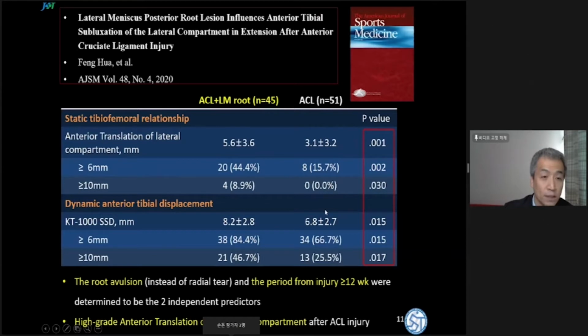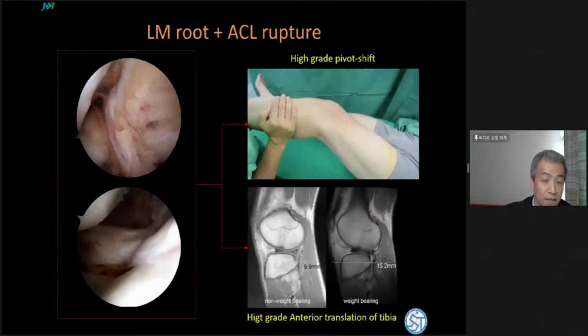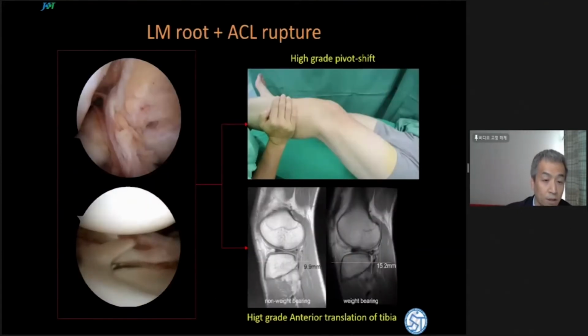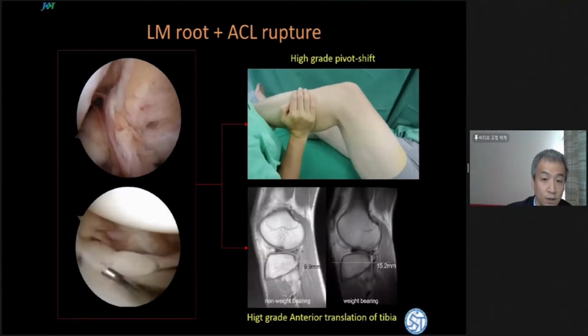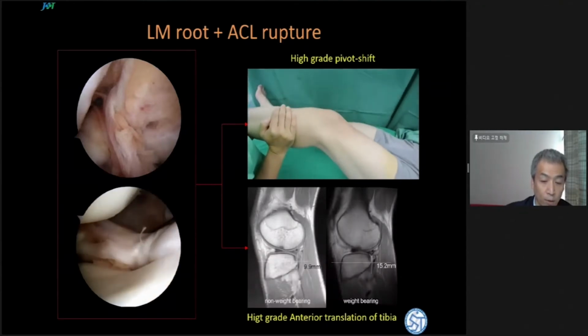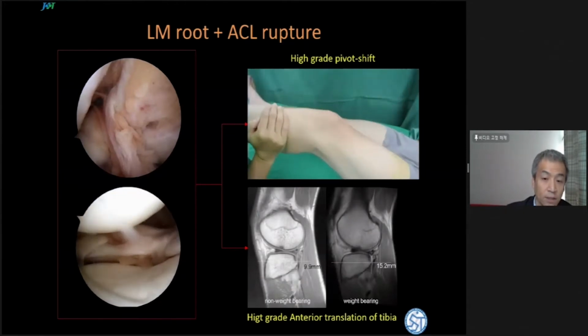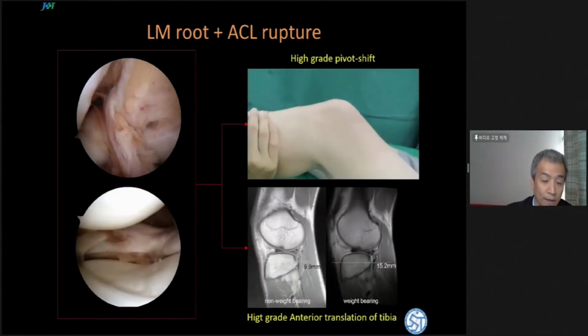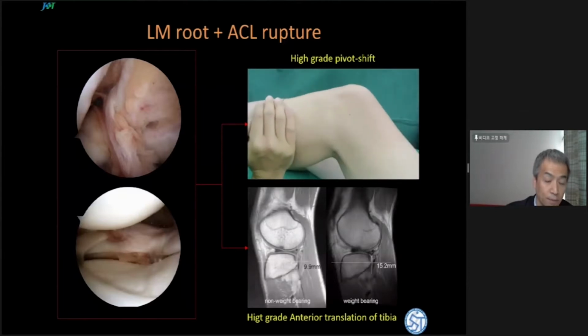So we think the lateral meniscus root tear is a risk factor for high-grade anterior translation of the lateral compartment after ACL injury. That means if a patient has a total ACL rupture combined with a lateral meniscus root tear, it will perhaps result in a high-grade pivot shift or a high grade of anterior translation of the tibia. That is the reason why we need to pay attention to this special phenomenon, the lateral meniscus root tear.